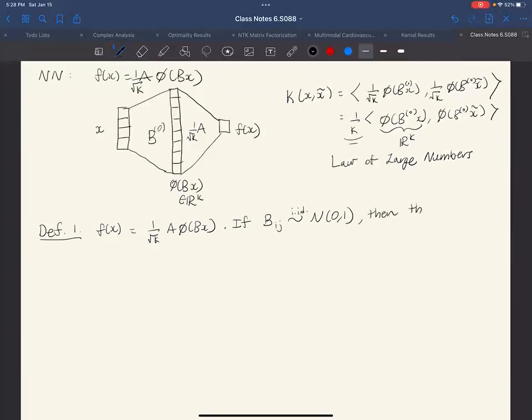then the neural network Gaussian process, which is called the NNGP, is given by the kernel.